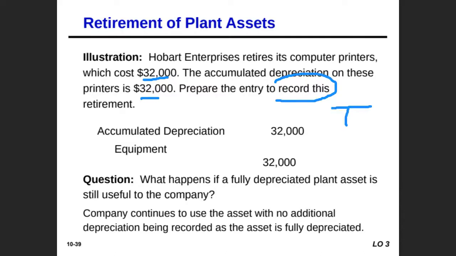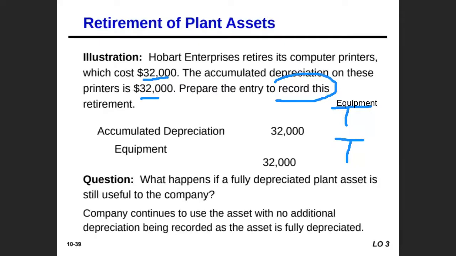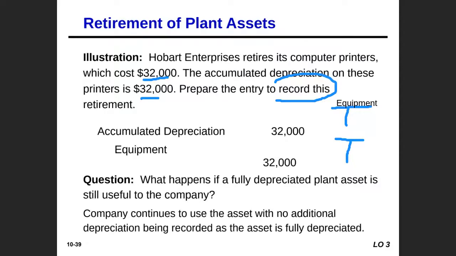This is our T account balance for equipment, which is an asset account. It has a balance of 32,000.